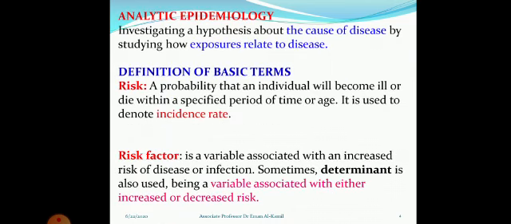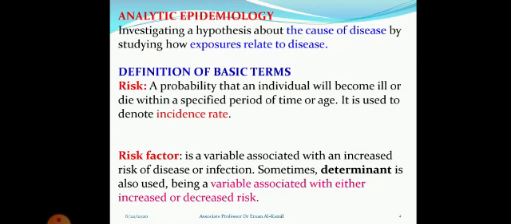So by the analytical epidemiology, we investigate a hypothesis about the cause of the disease by studying how exposures relate to disease. So we are going to study the relation between exposure and the development of the outcome or the disease.